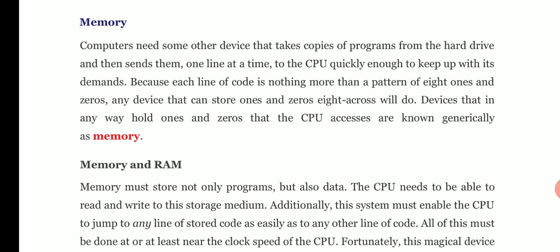Devices that in any way hold ones and zeros that the CPU accesses are known generically as memory. Because the computer can understand only zeros and ones, memory holds these patterns of ones and zeros.